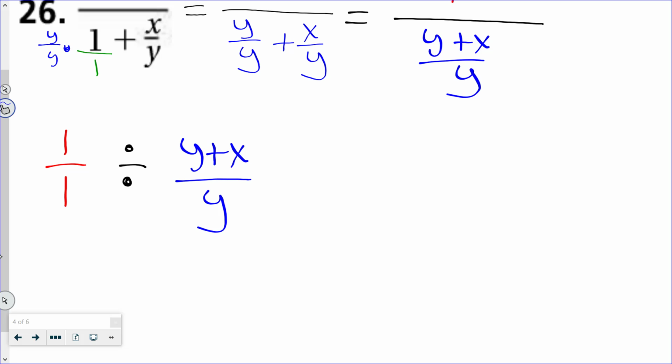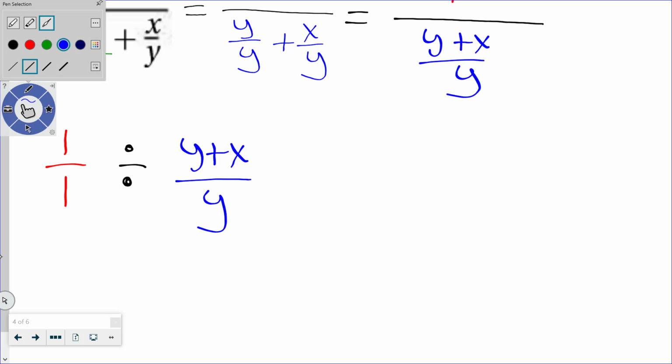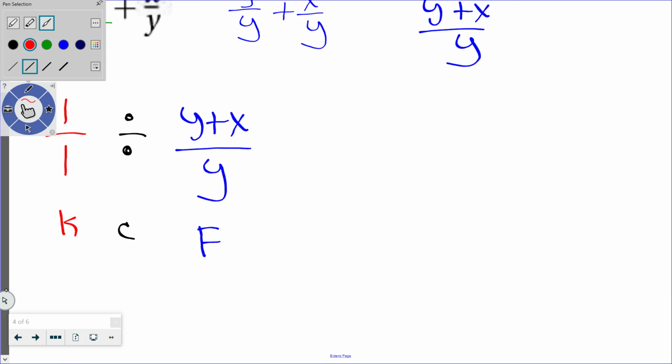So once you have a single fraction here, a single fraction there, we could do keep, change, flip. And you all are familiar with keep, change, flip. When you divide by a fraction, it's the same as multiplying by the reciprocal. So we'll keep the red one as 1 over 1.